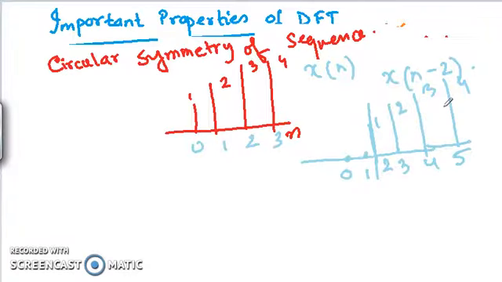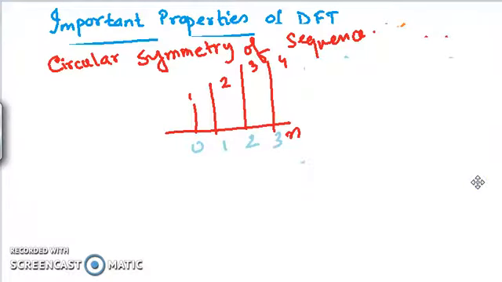Now, if the sequence is periodic, what is going to happen? Just check it out. Now my sequence is becoming periodic.